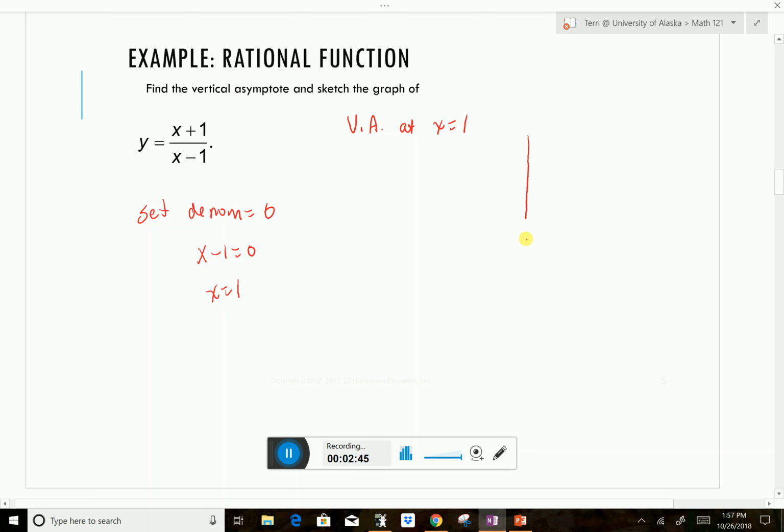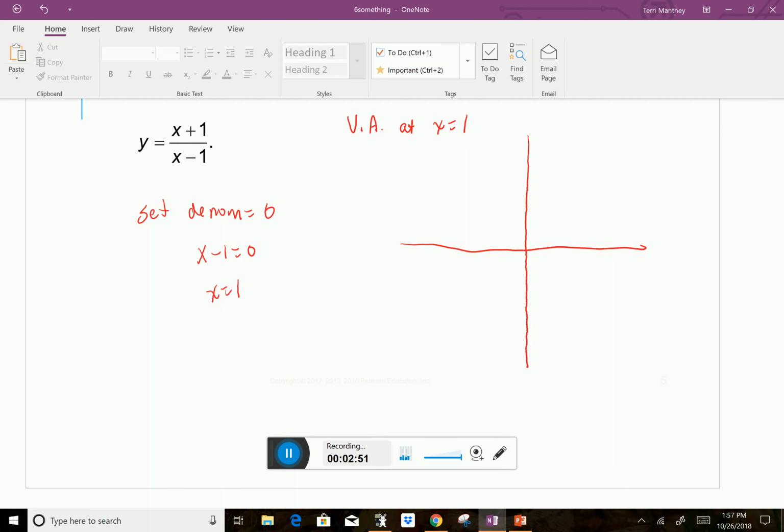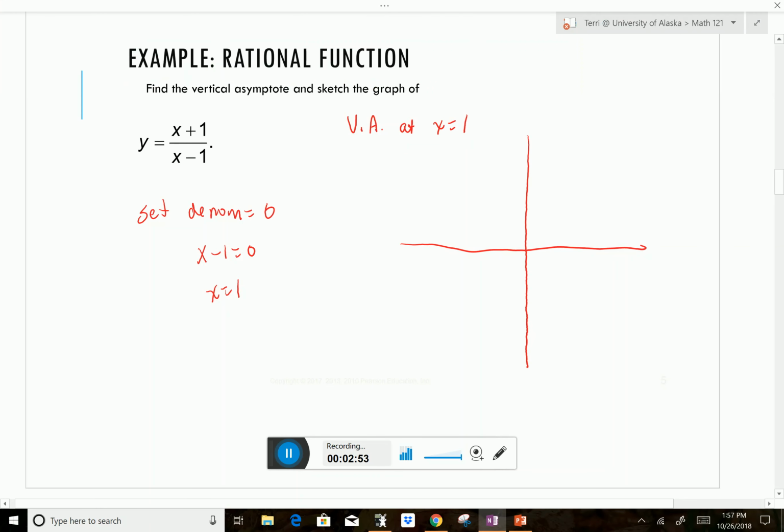Well, let's look at this. I'm going to change colors too, so you can see where I'm at. Okay, so we have a vertical asymptote at x equals 1. So that means right here we have a vertical asymptote, which we usually denote by a dotted line. So now let's think about some numbers that we put in here.